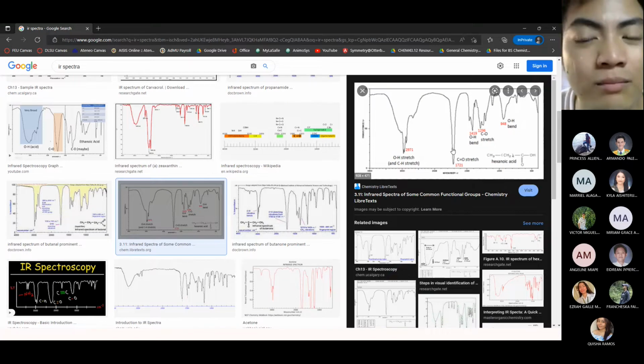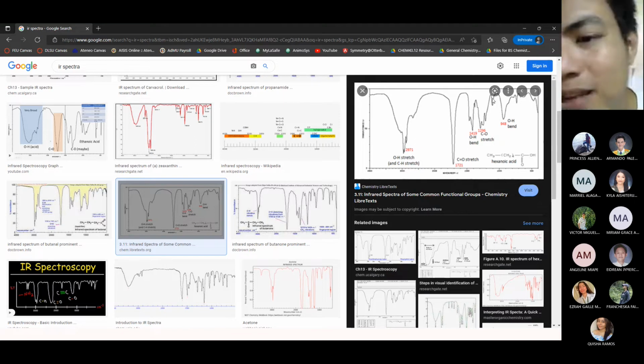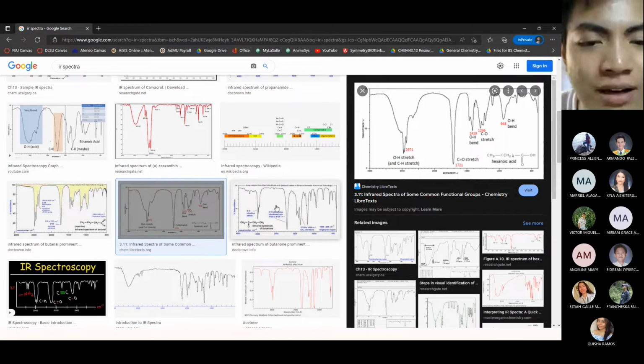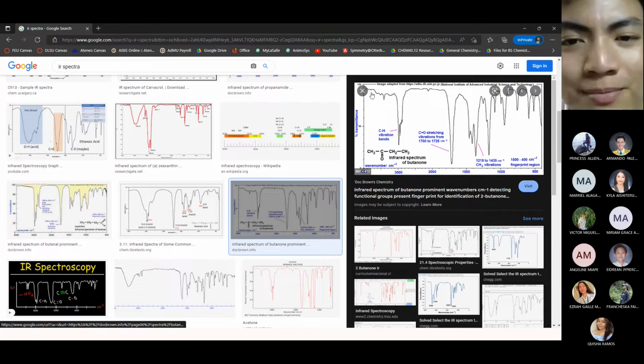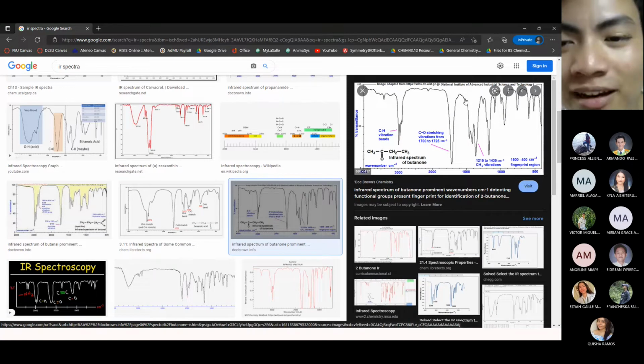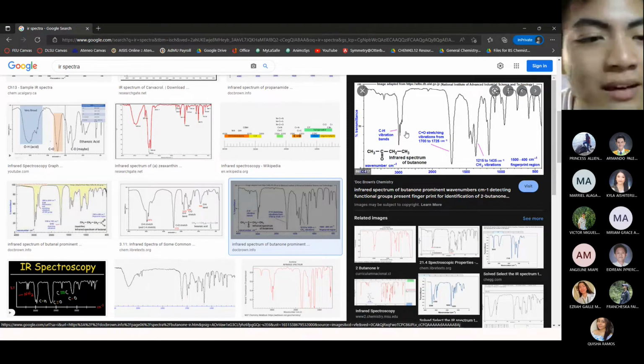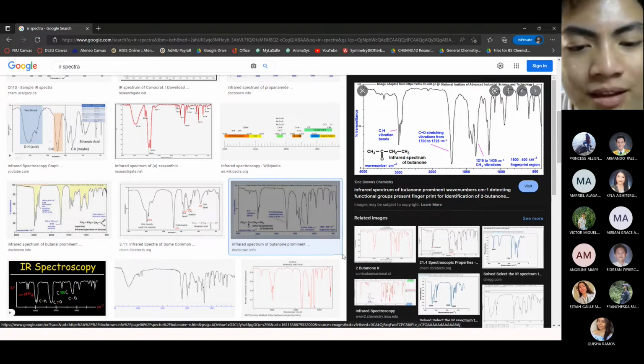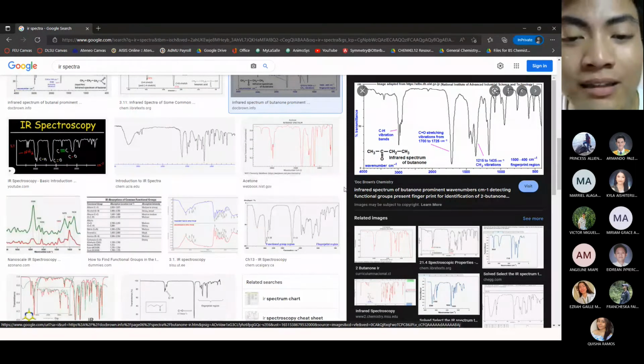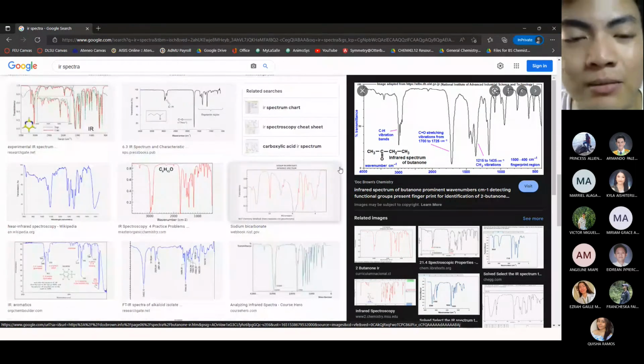This is the carbonyl bond. We don't identify all of these, only the prominent ones, because you might think we memorize all of them. Only the big peaks. And from that, we can identify the chemical bonds.